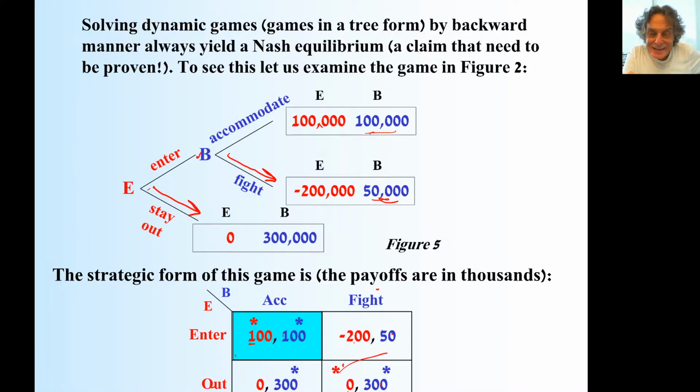This game that is described in figure 5 is the case where the entrant makes one choice, either to enter or stay out. If he stays out, the entrant disappears, and this game is played only once, not more than that. After that, you forget about everything. The entire game is described here.